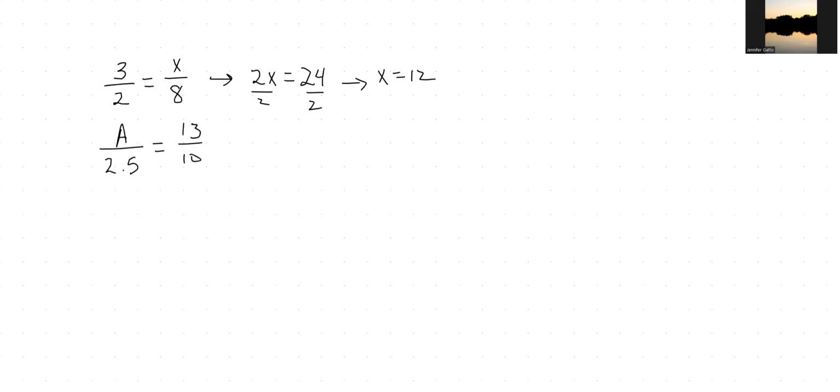So I'm going to say 2.5 times 13 divided by 10. And you can put that whole thing in your calculator just like that, and that will give you the same answer as doing it in 2 separate steps. So we come up with A is equal to 3.25.